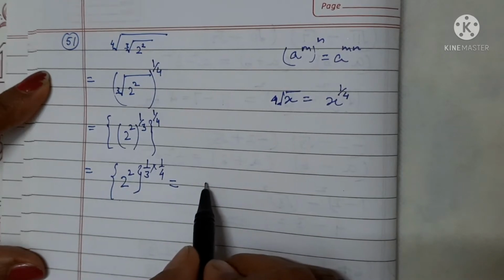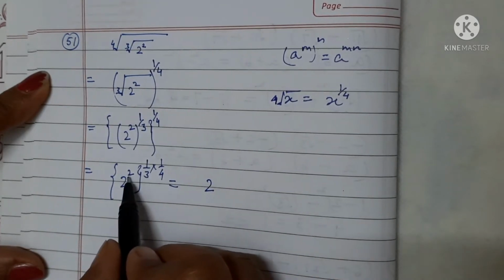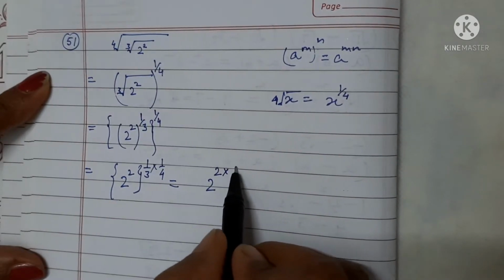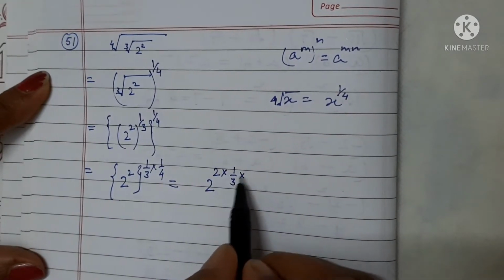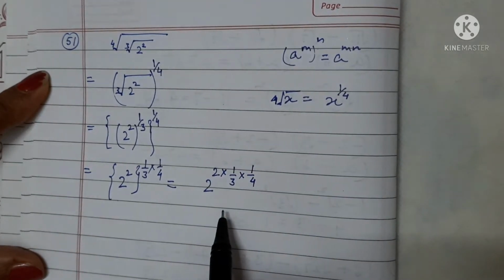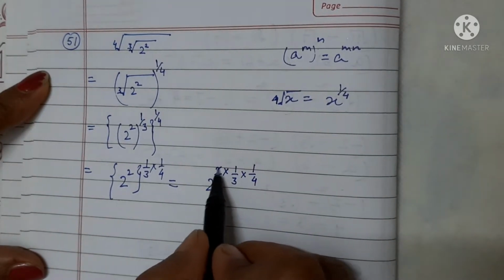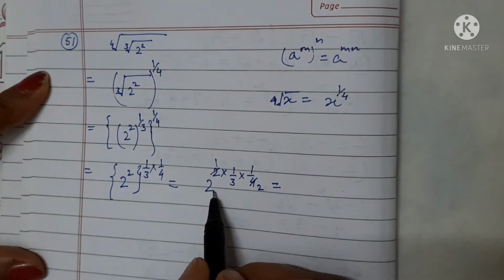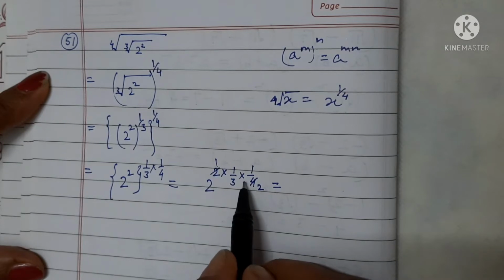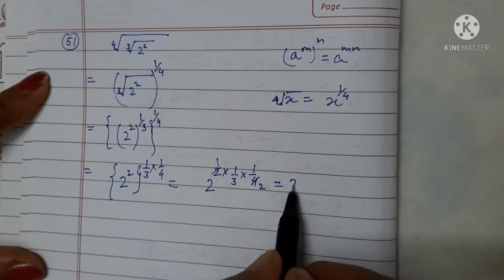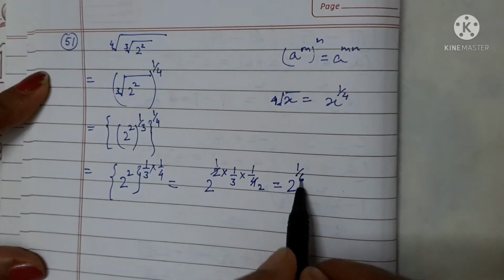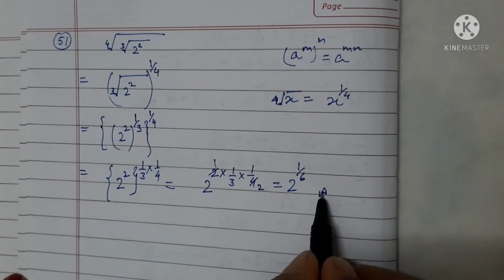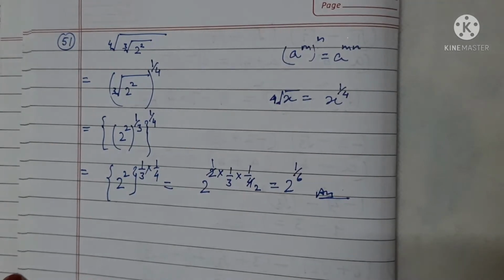So you can write 2 square into 1 upon 3 into 1 upon 4. Now 2 ones are 2, 2 twos are 4. You can write it 2 to the power of 3 into 2, this is 1 upon 6. 2 to the power of 1 upon 6. This is the answer.